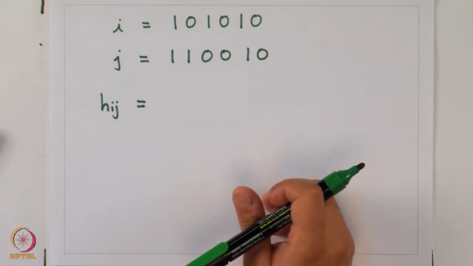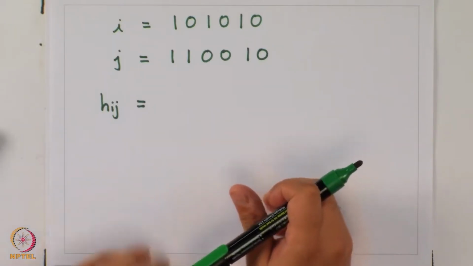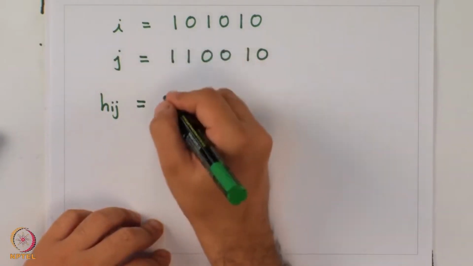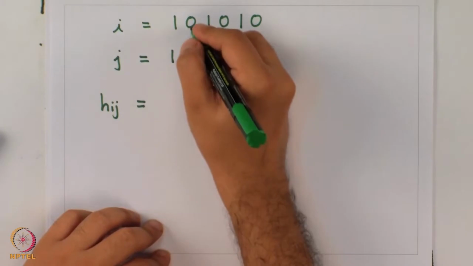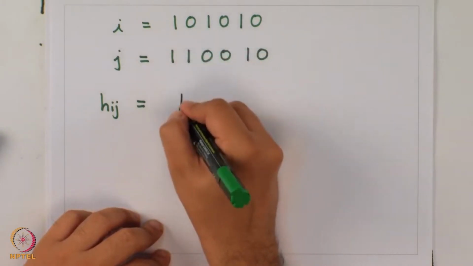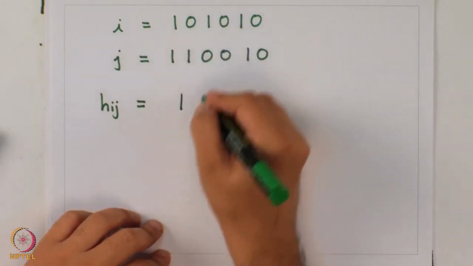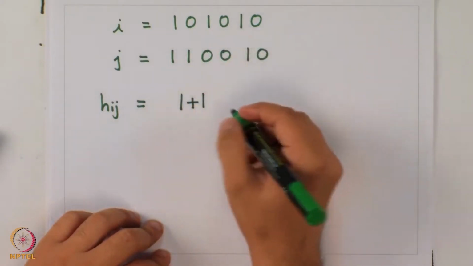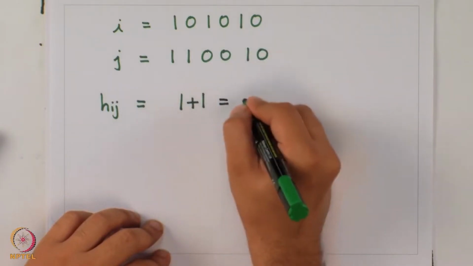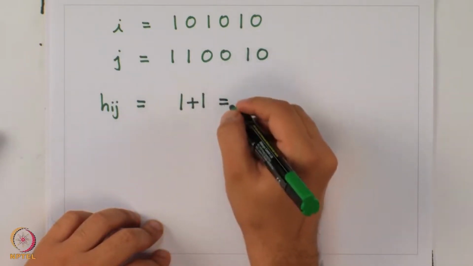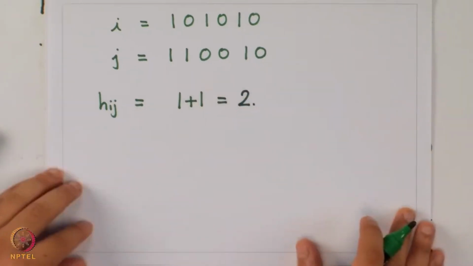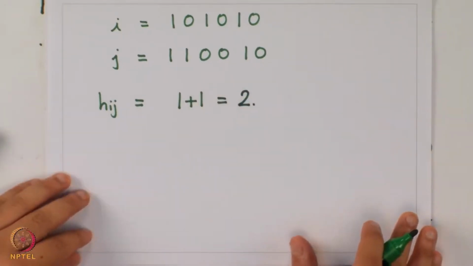Okay. So, first position is the same, so this does not count. The second position is distinct, so Hamming distance 1. The third position is distinct, Hamming distance 1 more. The fourth, fifth, sixth positions are identical. So, the Hamming distance between these two sequences I and J is equal to 2. That is the definition of a Hamming distance.